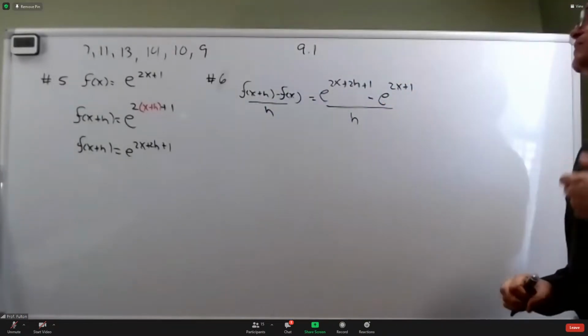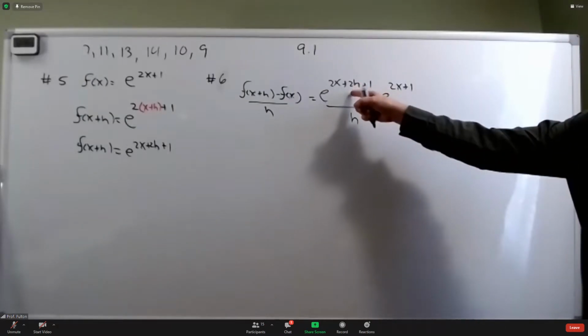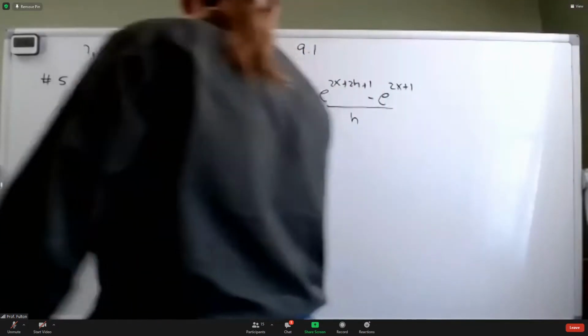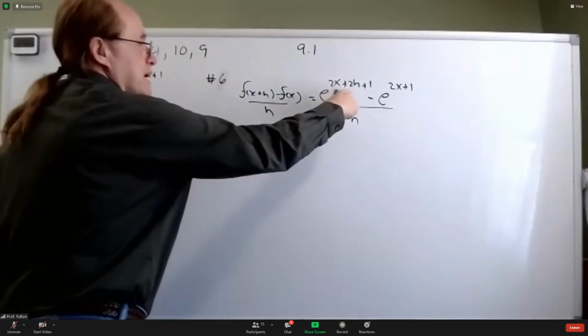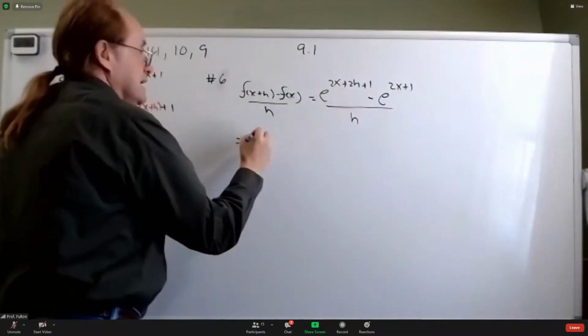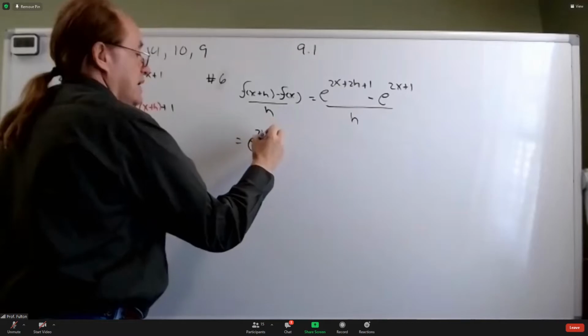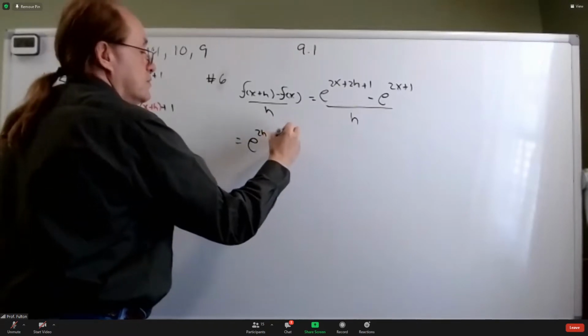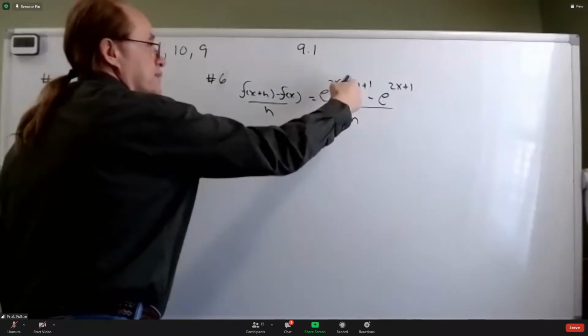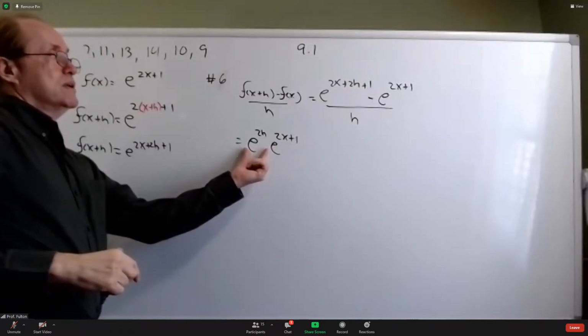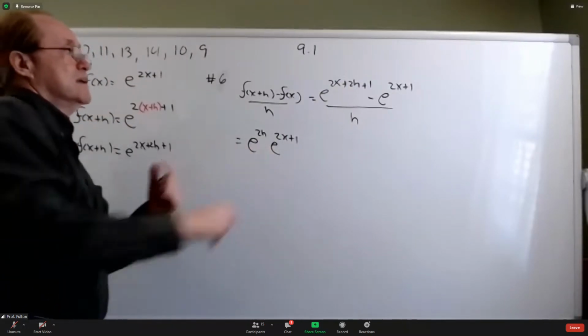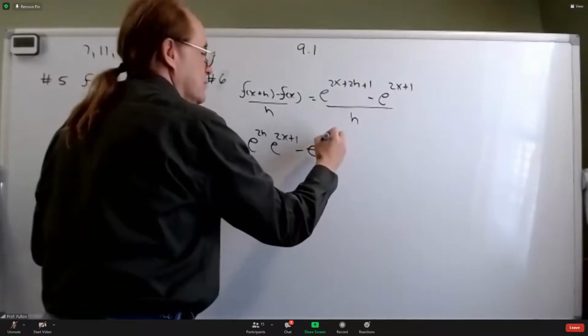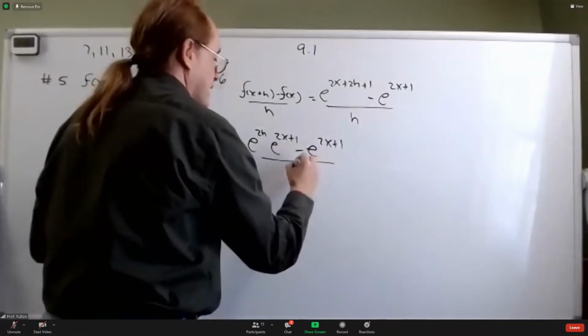And what you end up doing in the calculus is you rewrite this exponential in this form. I can write that as e to the 2h times e to the 2x plus 1. So I pulled this out and wrote it as a product, minus e to the 2x plus 1, over h.